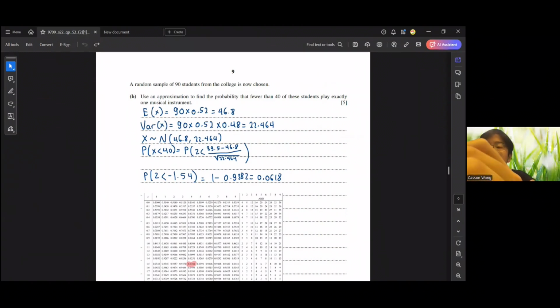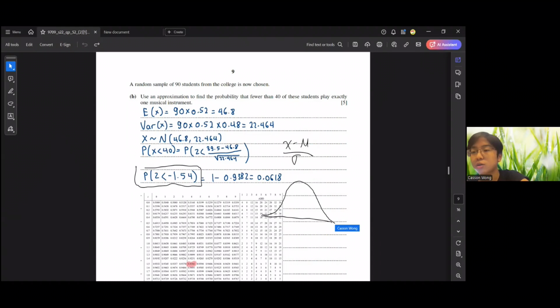So we need to find the probability x is less than 40. We can substitute it to the formula x minus mean over standard deviation. So it is probability z is less than negative 1.54.